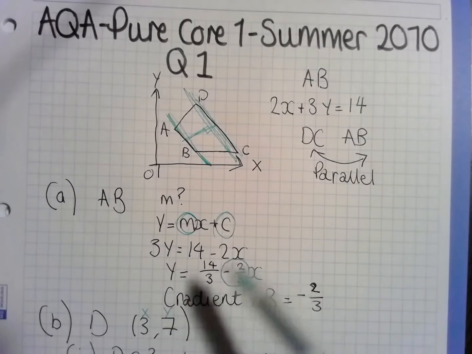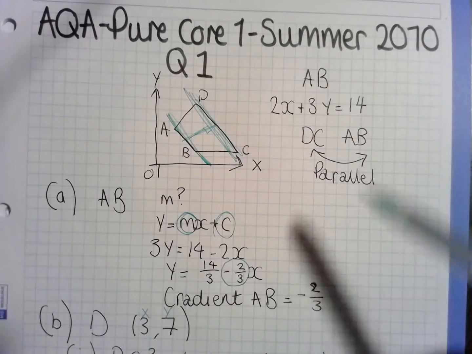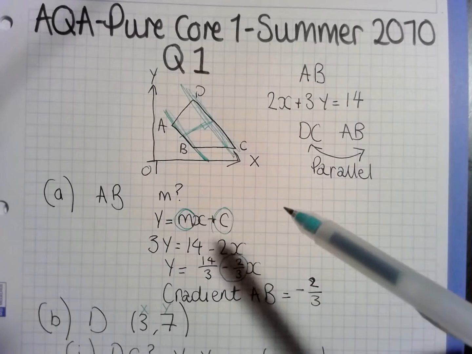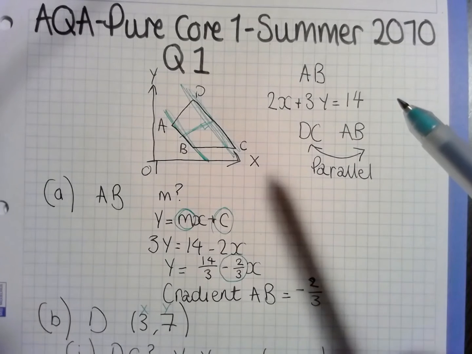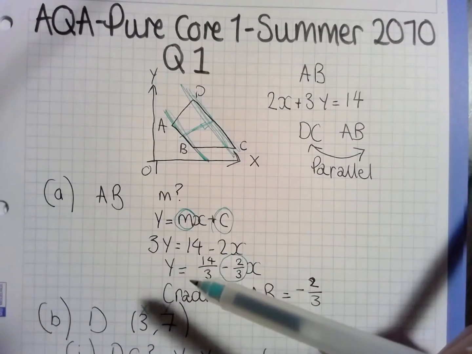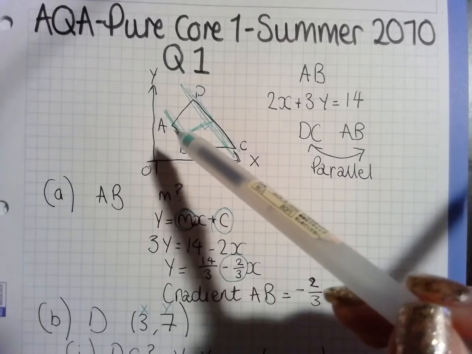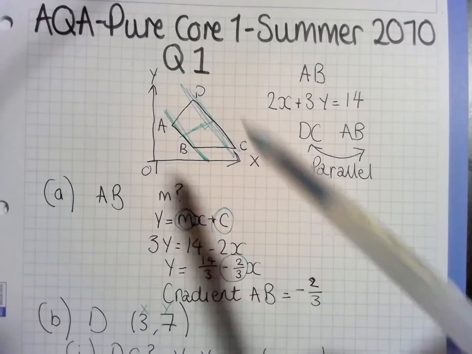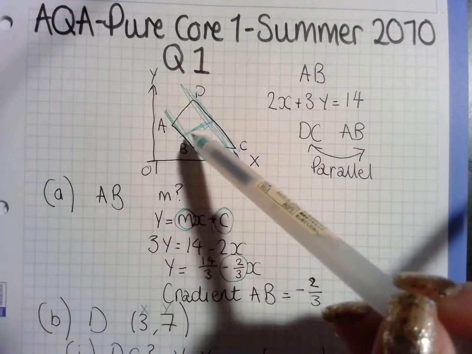And we have that DC and AB are parallel, and generally speaking, they don't tell you things like that in exams just for fun. They probably want you to use that at some point, particularly on questions about gradients, because that means the gradient of DC is the same as the gradient of AB.